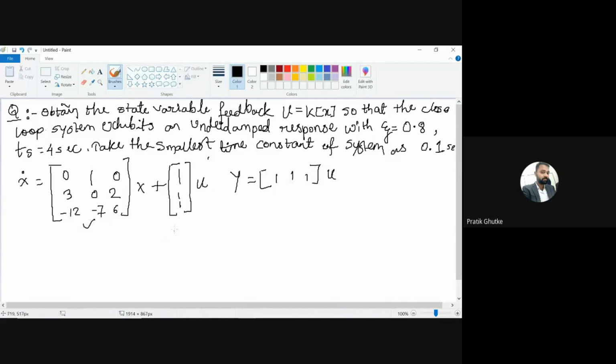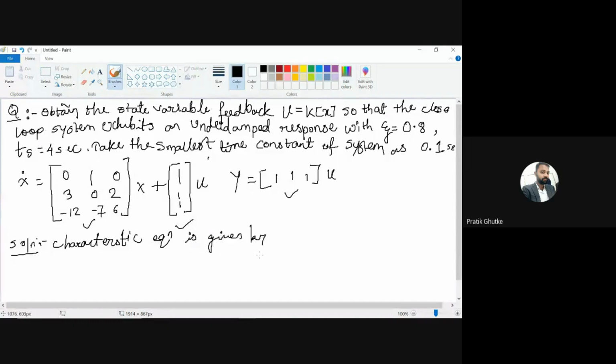Okay, now starting with the solution part, you know how we are approaching all the numerical solutions: we start with the characteristic equation. So the characteristic equation is given by mod of lambda I minus A equals to 0.